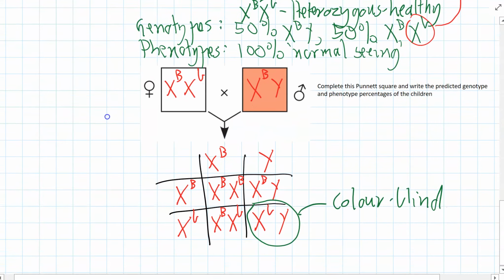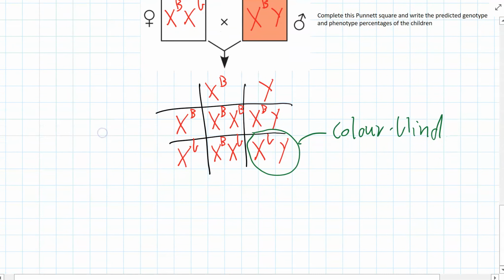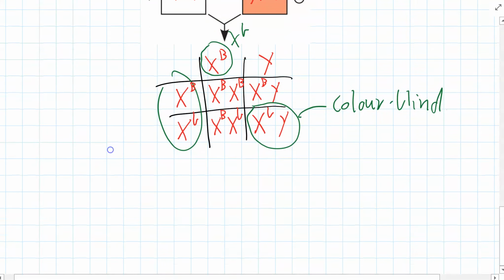There is another way. So the only way to have a female who's colorblind is if the mum is a carrier and the dad has to be colorblind too. So he would have to be carrying a faulty allele. So with sex-linked genes, that means overall, a sex-linked trait is much more common to be seen in males.